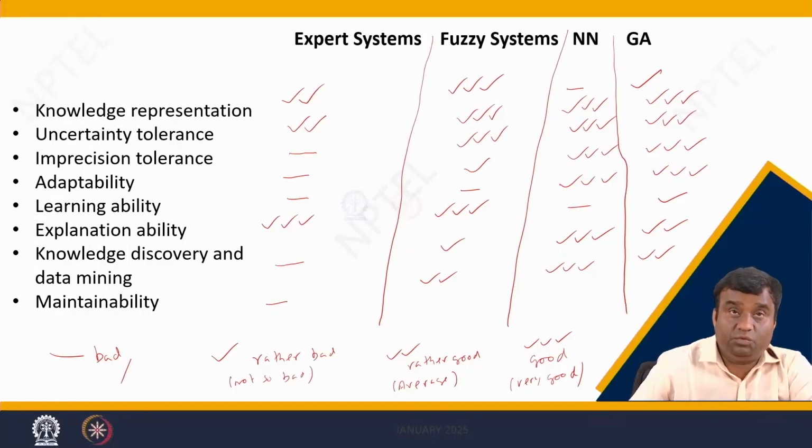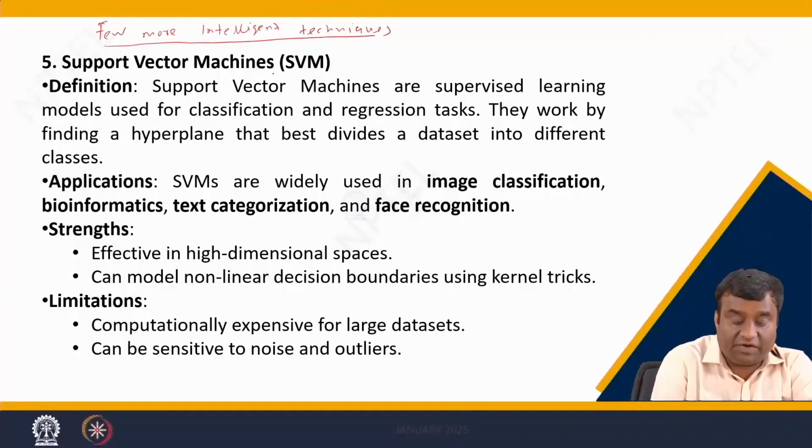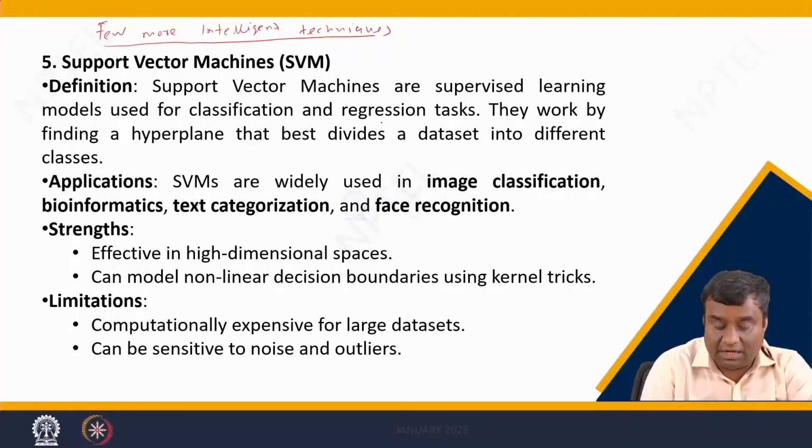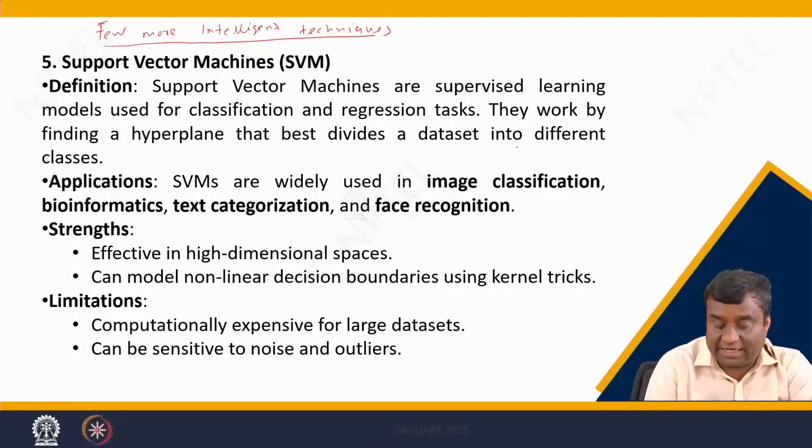Now we'll try to learn a few more intelligent techniques. First one, or you can say the fifth one, is support vector machines, SVM. Support vector machines are a supervised learning model used for classification and regression tasks. They work by finding a hyperplane that best divides a dataset into different classes.